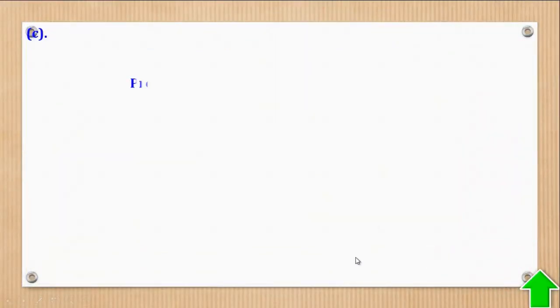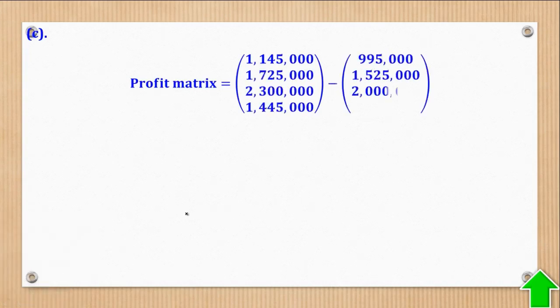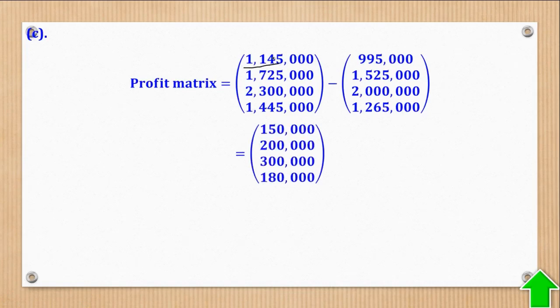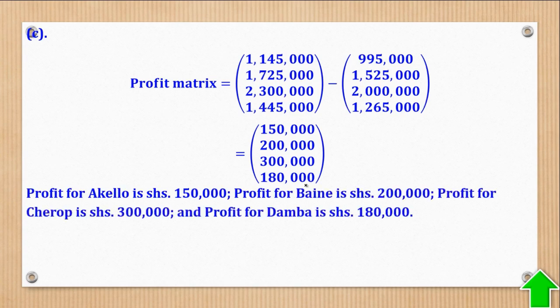So there we shall subtract, but subtraction must be in matrix form. Then you come up with this minus this, this minus this, this minus this, and this minus this to give you that. Then you can state the profits. And basically that's what they wanted.